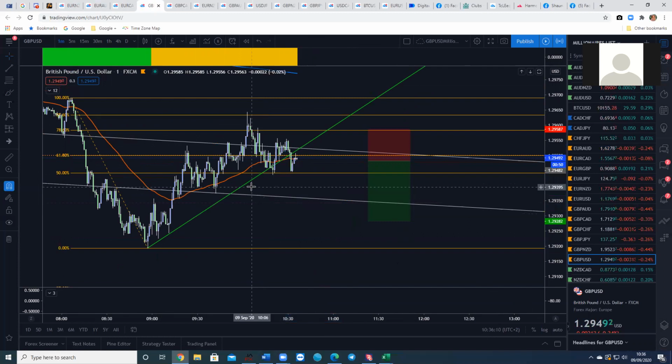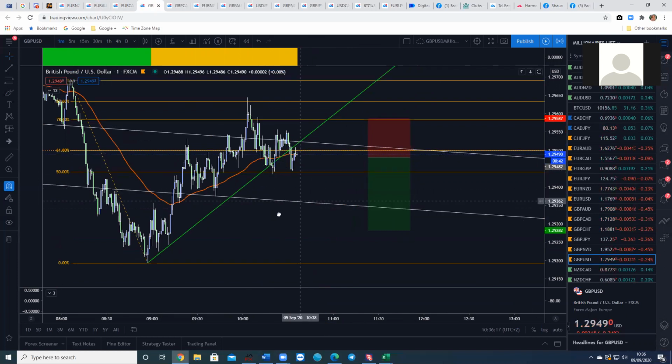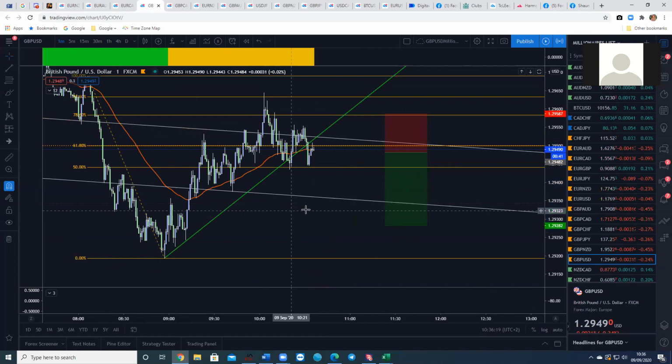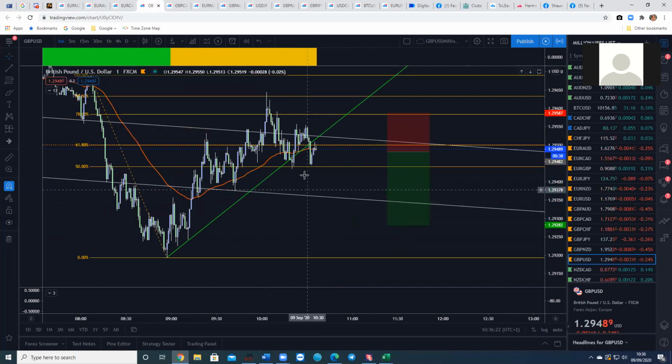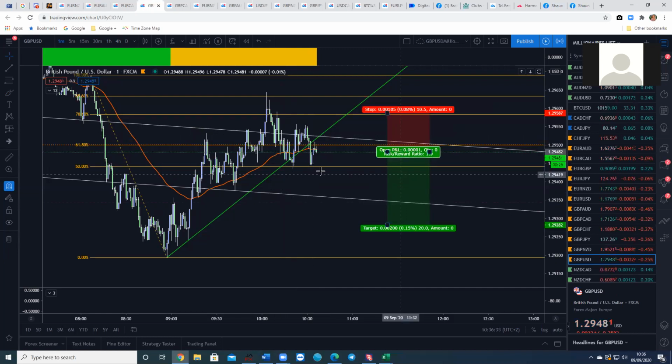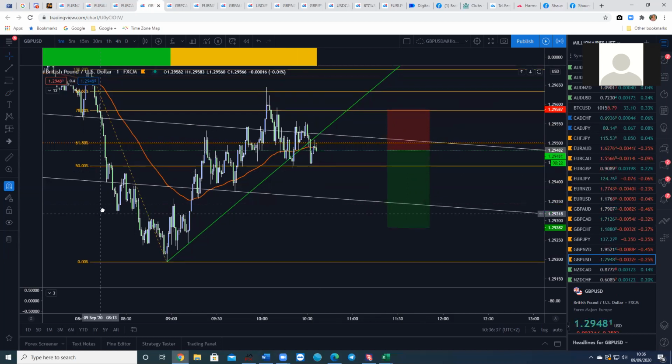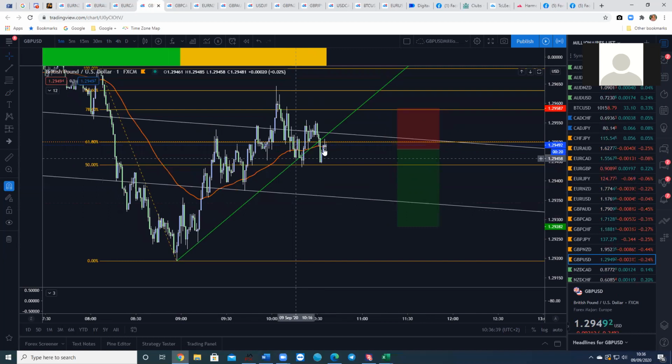So we've got the rejection off there, and we've got quarter theory. So if that gets below, we've got this for a sell. We've got this for a sell here. So you've got your break and retests of the pitchfork, break and retest of quarter theory. You're covered there.